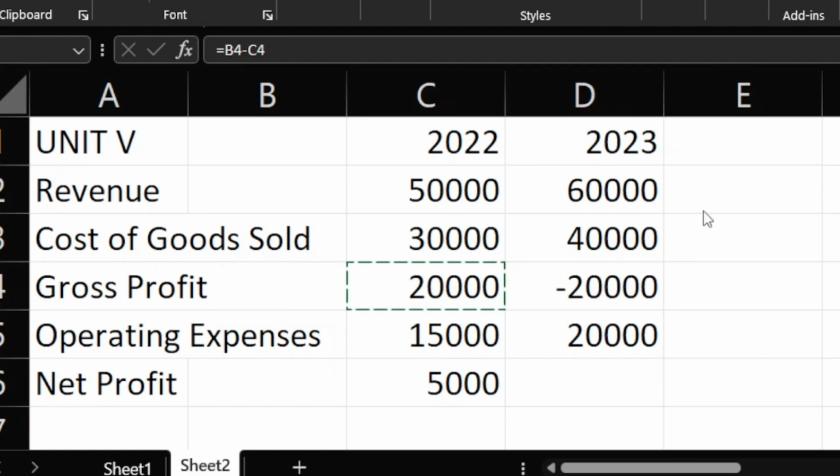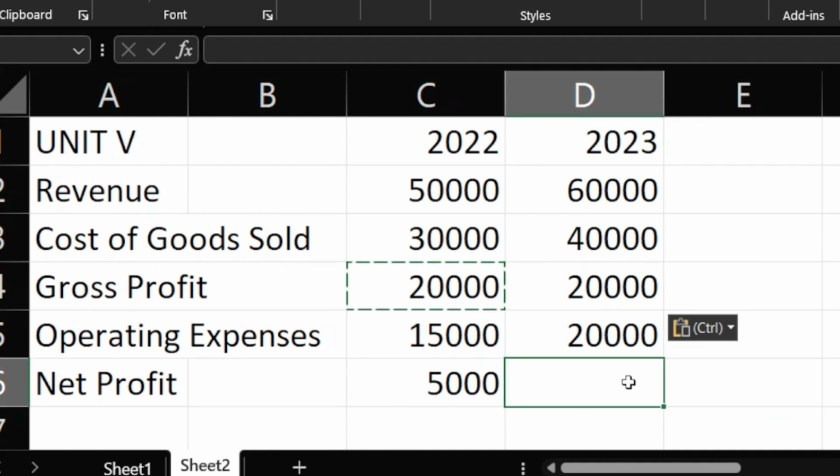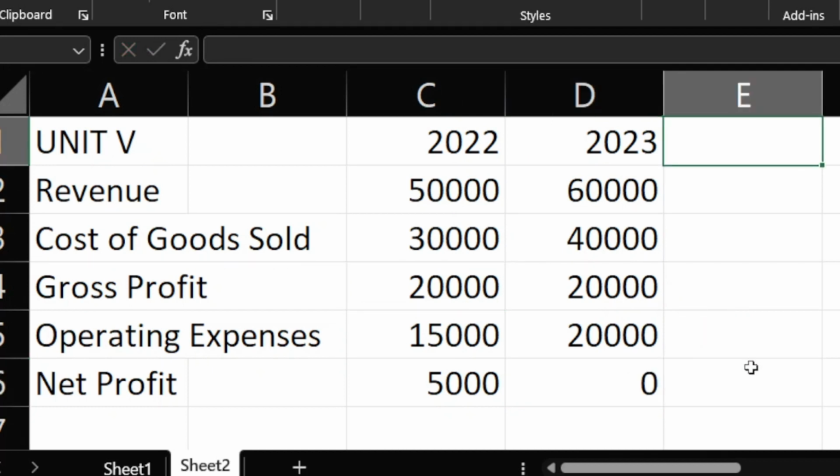Anyhow, you all can say 60,000 minus 40,000 is 20,000. And next step, net profit: gross profit 20,000 minus operating expense 20,000 is 0. We came to know how to calculate these figures.